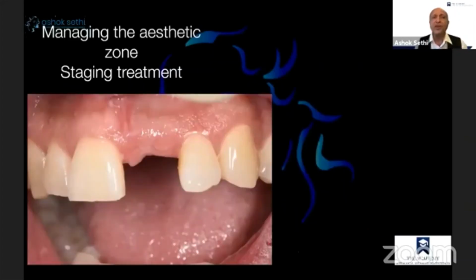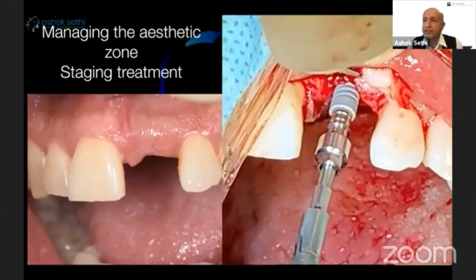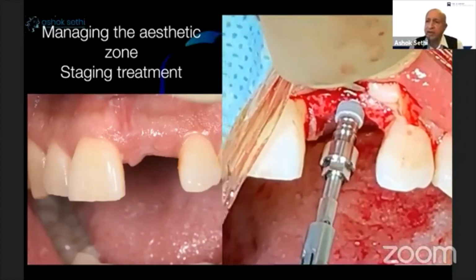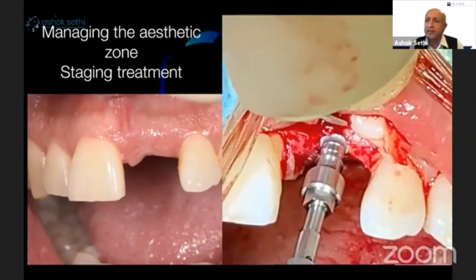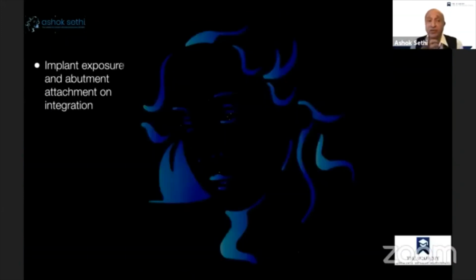So if you're looking at managing something in the front of the mouth, in the aesthetic zone, it's perfectly okay to carry out treatment in stages. Everybody's in a hurry to just put something in, bring it into function straight away. But it's worthwhile sometimes just to do it in stages so that you can place your implant in a predictable way into the site that you've selected, which you invariably will have planned with 3D imaging, okay?